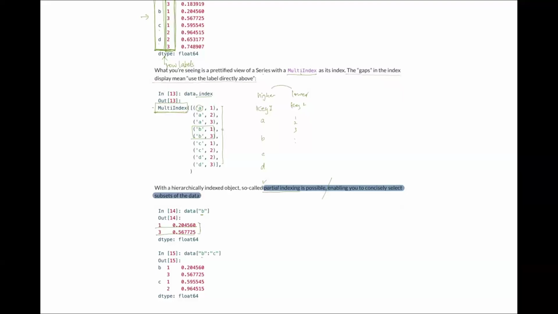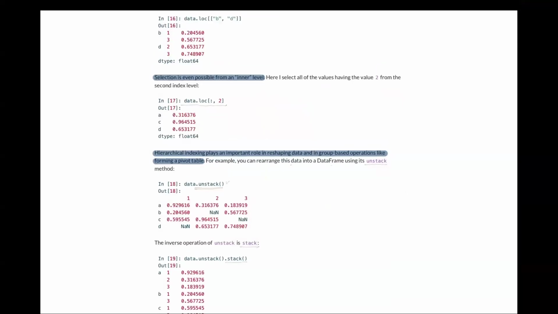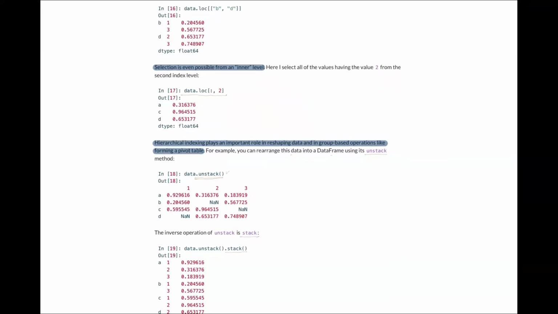And B and C, we can get both B and C, it's simple. The next one is the same: by using the loc indexer, like B and D, we can also read the values belonging to B and D respectively.